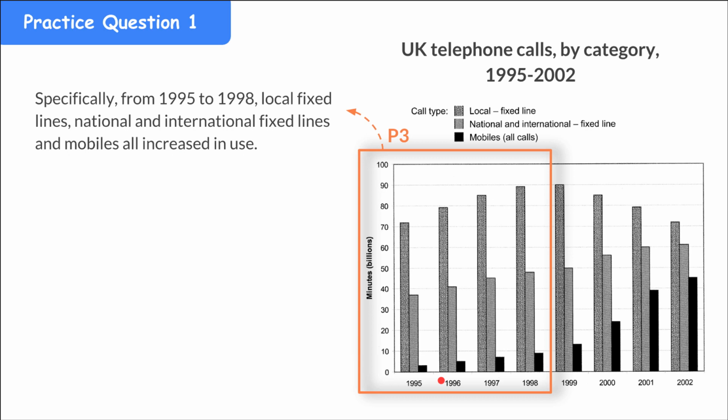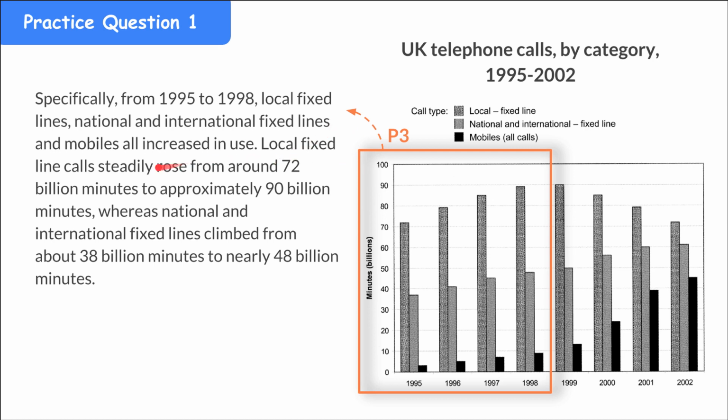So here, we're simply saying that from the years 1995 to 1998, all the different call types increased in use. So as you can see, the local fixed line calls have increased in use. The same is true for national and international fixed line calls and for the mobile calls as well. Now let's move on to our second sentence.